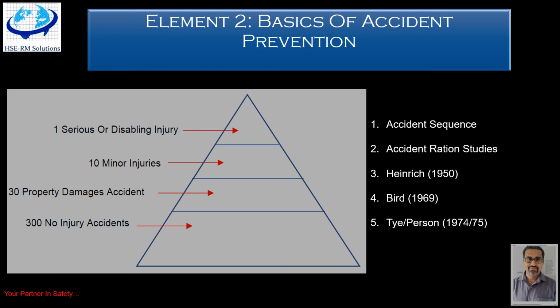These were analyzed by F.E. Bird, and he drew the following ratio: 600 incidents with no visible injury or damage, 30 property damage accidents, 10 minor injuries, and 1 serious disabling injury.